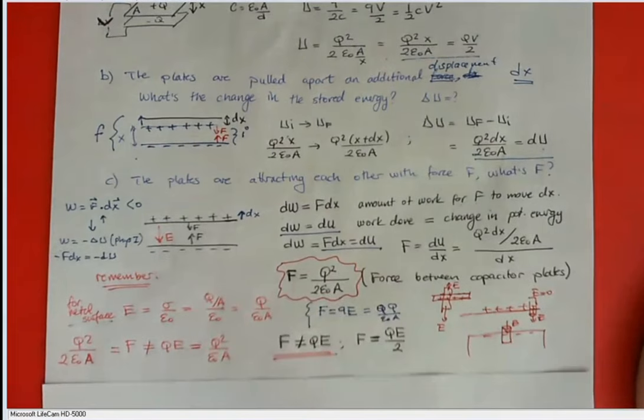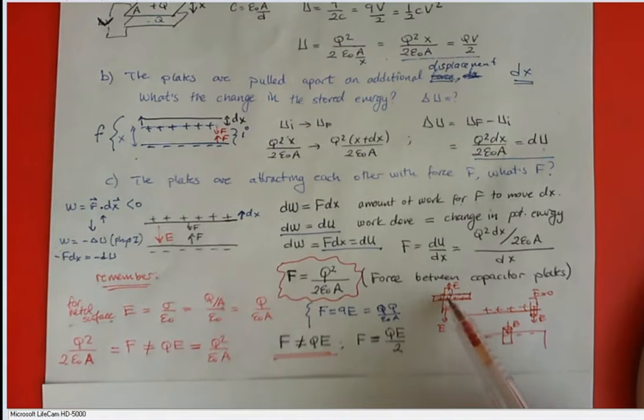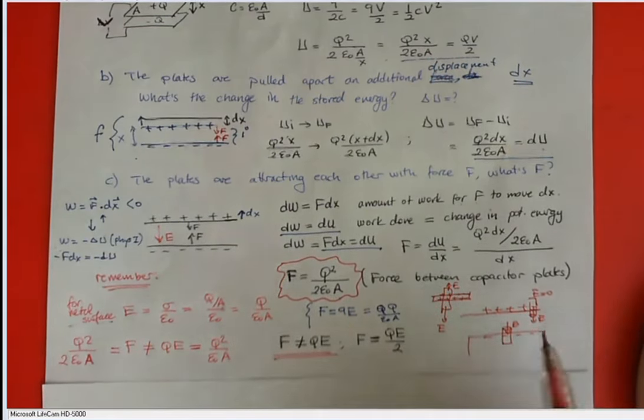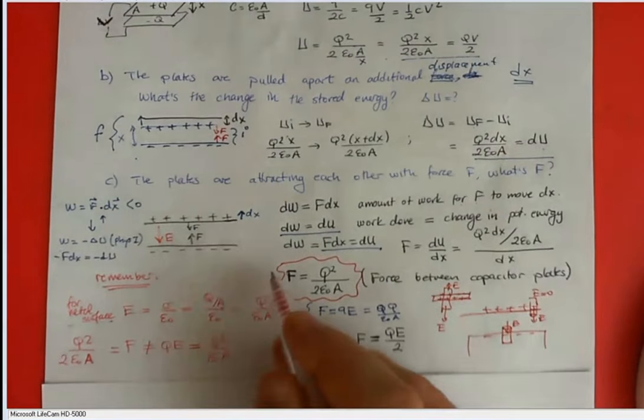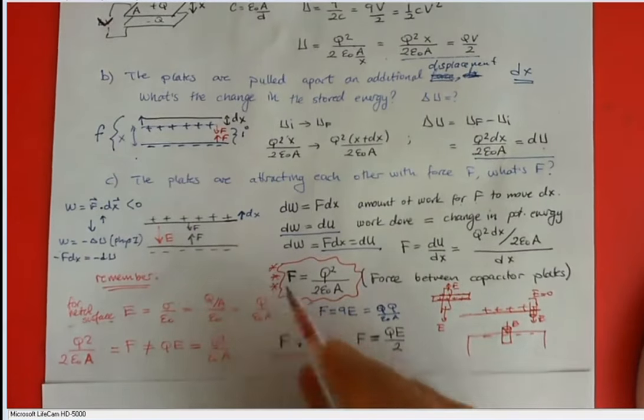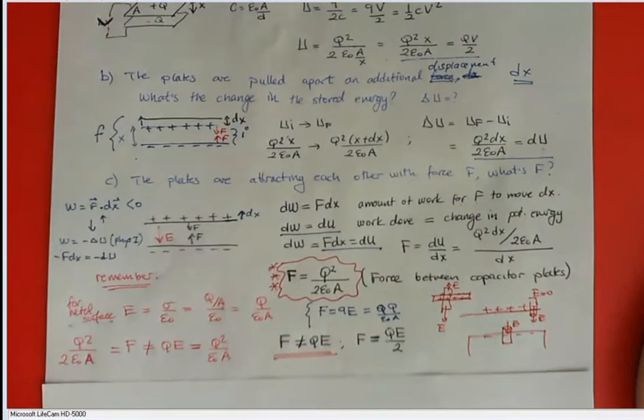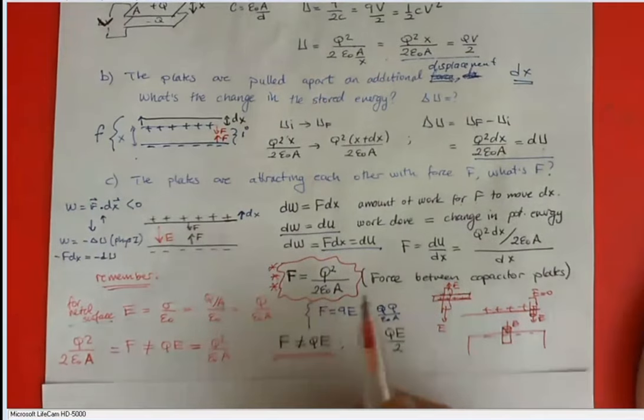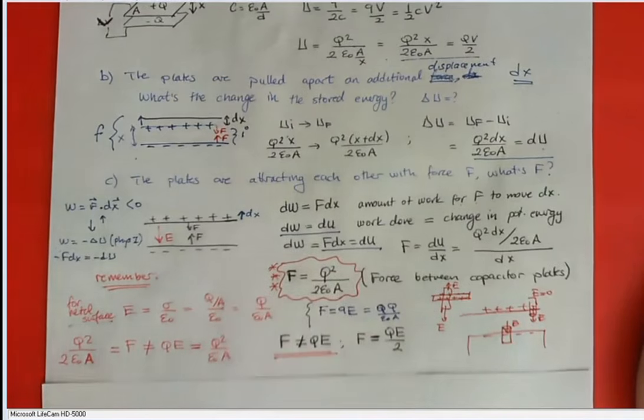Since we are ignoring whatever is inside, we should take into account the other side of the metal part, so that these two things will be equal to each other. This is the correct value. So the force between the parallel plates would be Q squared divided by 2 epsilon 0 A.